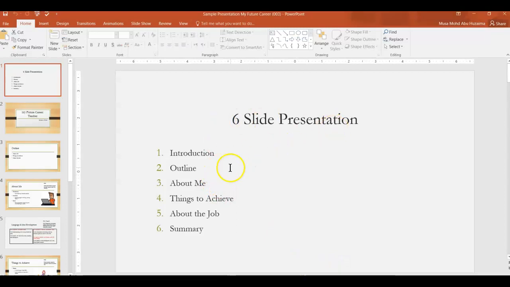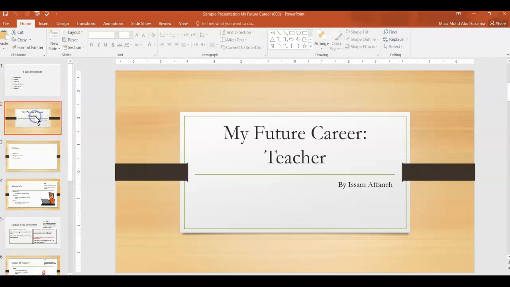Your presentation must include the following: introduction, okay, outline, parts of the presentation you should have, about me, about yourself, things you want to achieve, about the job you want to have, and at the last slide is a summary. For example, slide 1, my future career is a teacher.